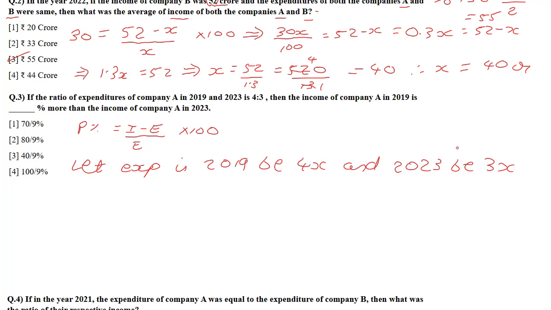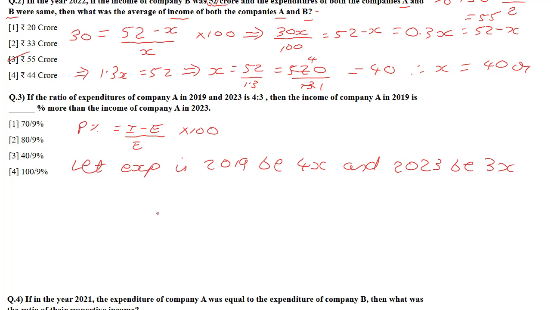Now that we have that, we will be in a position to solve for income in both the years in terms of expenditure. All right. And for 2019, the income, we can maybe call it I-19. And similarly, I-23. With that reference, we can go ahead and do some calculations.